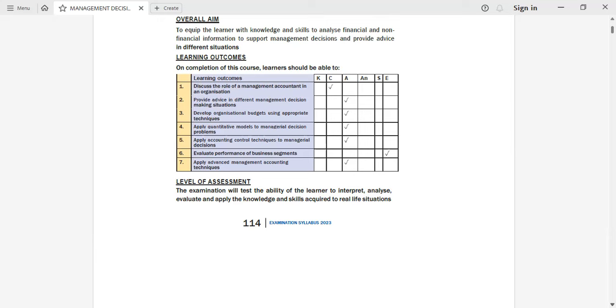Section B is going to be 60 marks, but each question in section B is going to carry 20 marks. So I would recommend that you start with section B numbers.